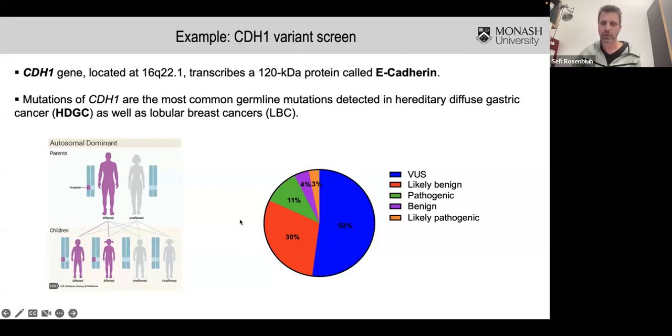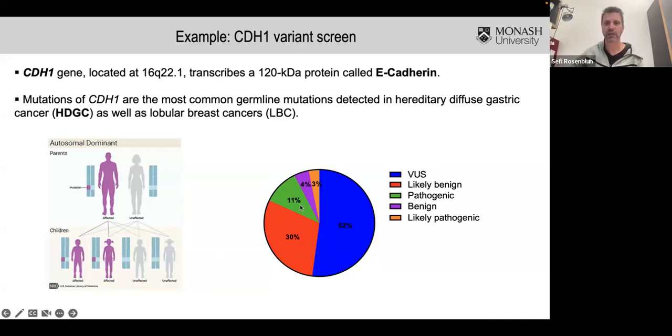And that is why, if you look at the distribution of the mutations in CDH1, what you'll see is that only a small portion, about 11% of the variants in CDH1, have been completely classified as pathogenic, and more than 50% of variants in CDH1 are considered VUSs, variants of uncertain significance, and most of these VUSs are missense variants.